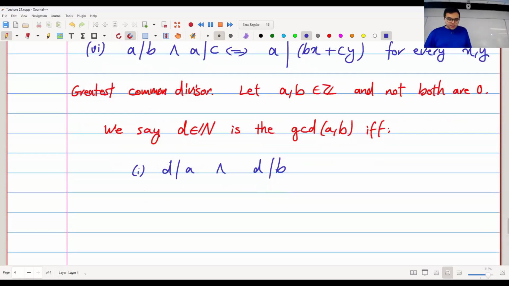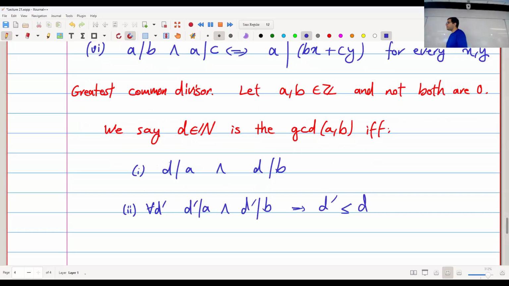So the second condition is that for every other common divisor D prime, such that D prime is a divisor of A and D prime is a divisor of B, I want D prime to be less than or equal to D. Okay, so I want D to be, as it's the name, the greatest common divisor.